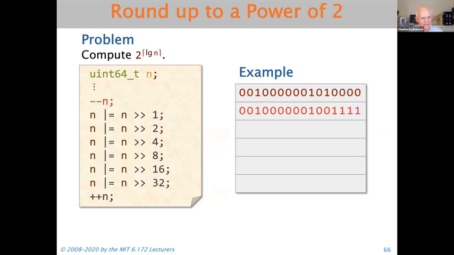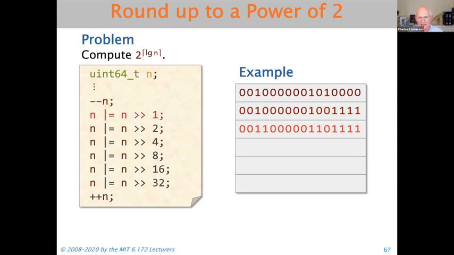So we decrement the number, so that borrows out of the 5th position from the right and produces a 1, 1, 1, 1 there. We then shift right 1 position and OR. Every position that has a 1 now has a 1 next to it to the right. So if it had a 1, it now has a 1 in the same position, and it has a 1 right next to it.